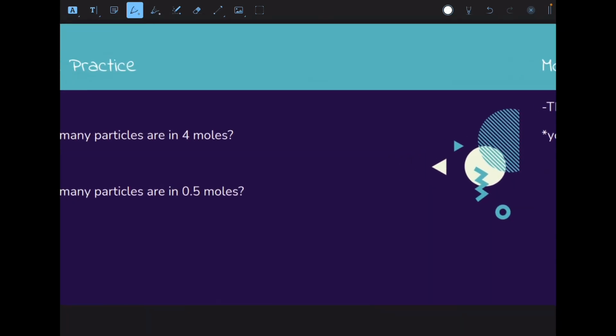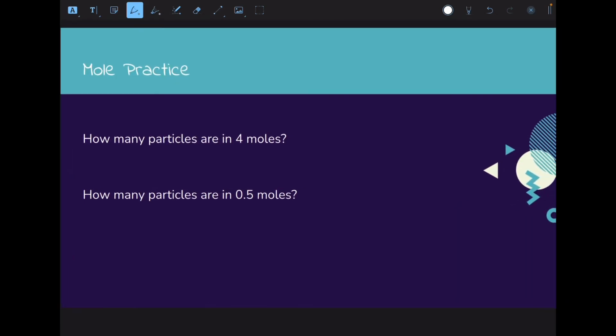So with that, if we were to do some practice here, how many particles are in 4 moles and how many particles are in half of a mole, you'd be able to figure this out by doing factor label method, which you should have done already at this point, but here's the review. You take the thing that you're given, in this case 4 moles, and you draw your crosshairs, and we're gonna do our conversion factor.